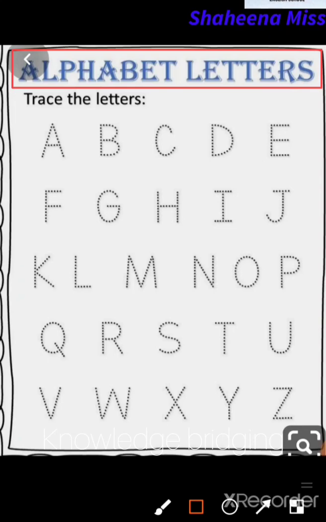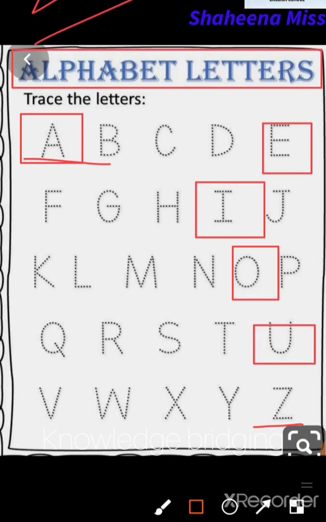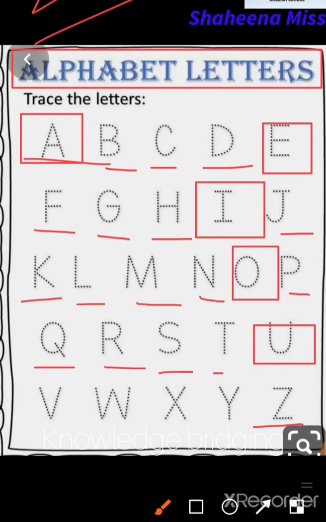You know that there are 26 alphabets in the English language, from A to Z. From these alphabets, we know there are 5 vowels: A, E, I, O and U. These are called vowels, and the rest, that is B, C, D, F, G, H, J, K, L, M, N, P, Q, R, S, T, V, W, X, Y and Z, are called consonants.